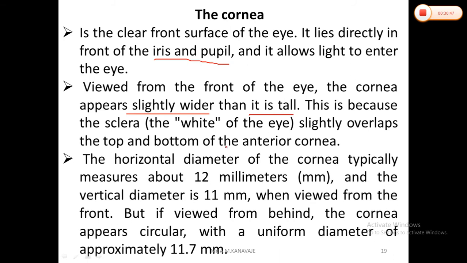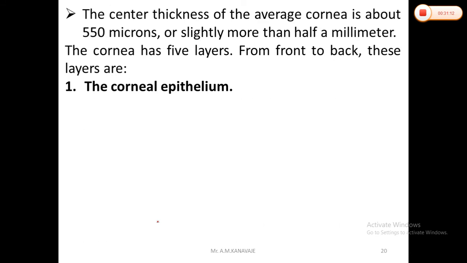The horizontal diameter of the cornea is about 12 millimeters, and the vertical diameter is about 11 millimeters when viewed from the front. If viewed from behind, the cornea appears circular with a uniform diameter of approximately 11.7 millimeters. This is the structural design given for the cornea.